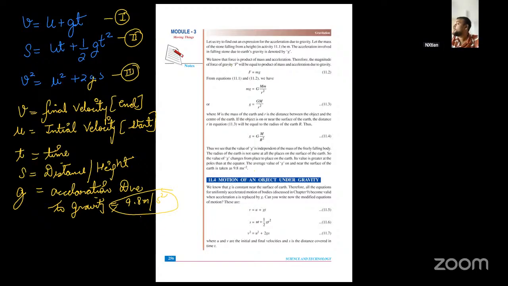G is acceleration due to gravity. Done? Shall I move on?